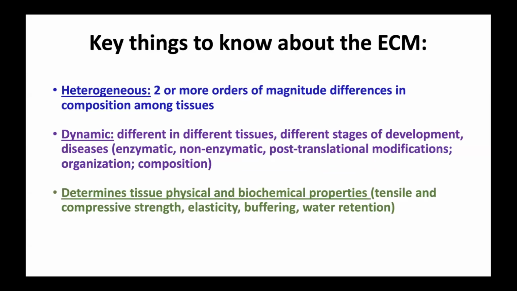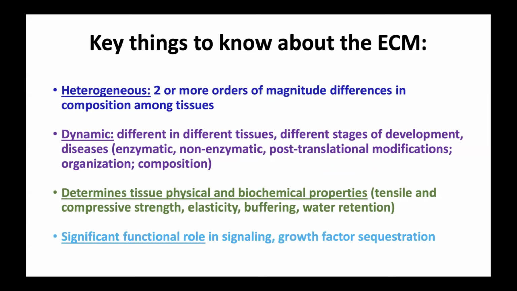The next thing is that it determines physical and biochemical properties of tissues. The ECM has both tensile and compressive strength, and it's elastic. It has the capability to retain water and to buffer. It's sort of the body buffer. But it also has a significant role in signaling.